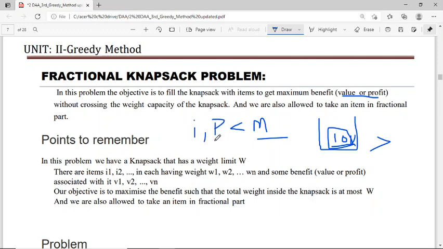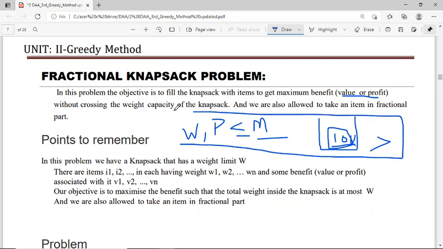For example, i is the weight and p is the profit, so you can write weight and profit, and the total should be less than or equal to m. That means whatever the bag capacity is, you can put in the bag an amount equal to or less than that. When we take an example, you can easily understand this concept.